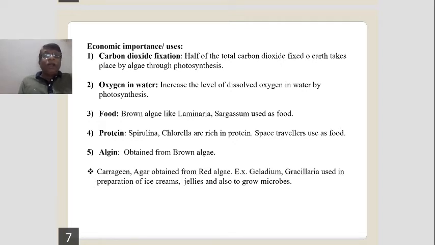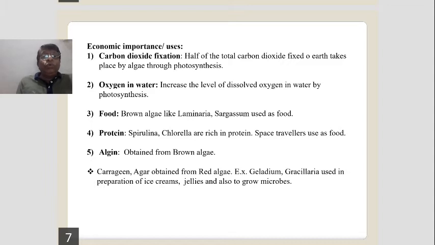Some red algae like Gelidium, Gracilaria, used in preparation of ice creams, jellies, and also used to grow the microbes in the laboratory.